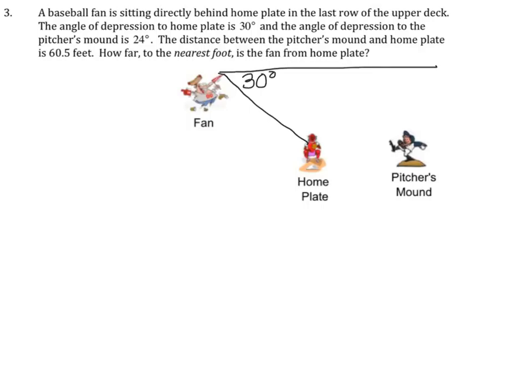And the angle of depression to the pitcher's mound is 24 degrees. So I need another diagonal going out from the fan to the pitcher's mound, and that is 24 degrees. So that's the same thing as the angle of elevation from the pitcher's mound to the fan, which goes inside here.